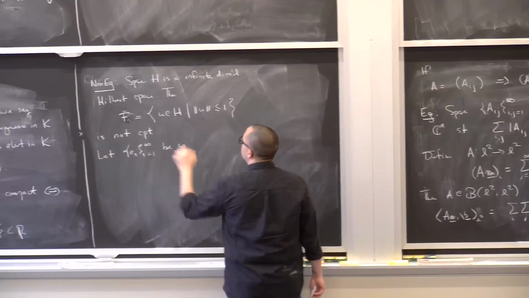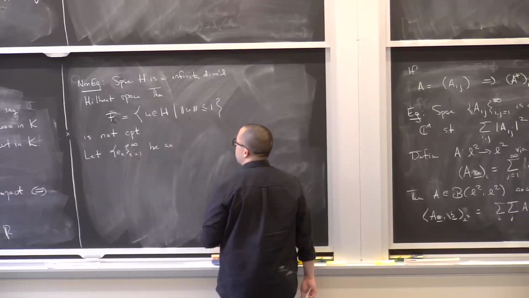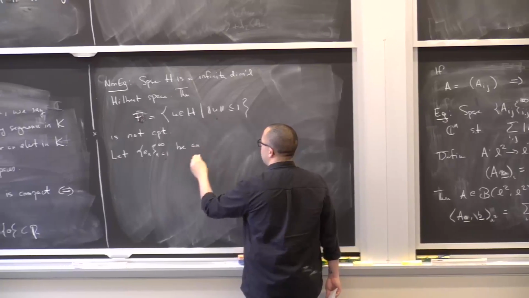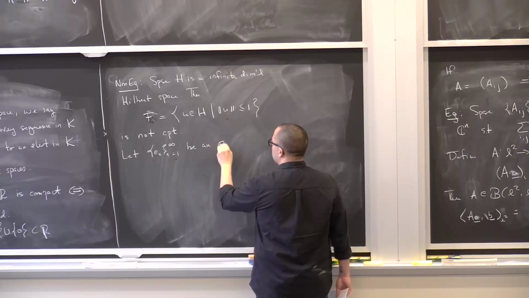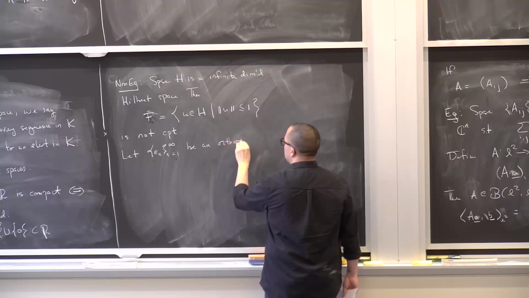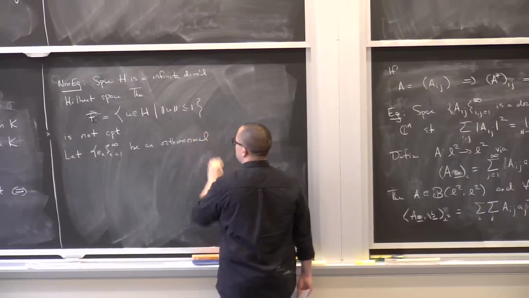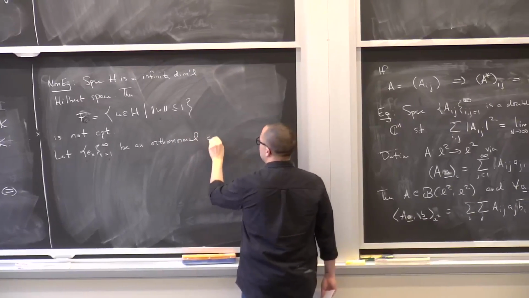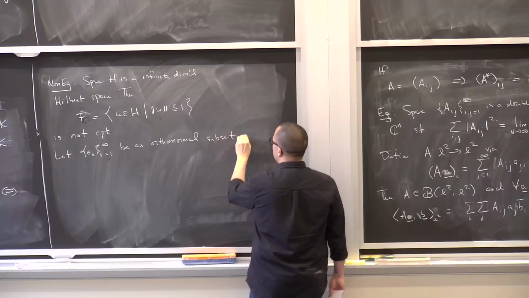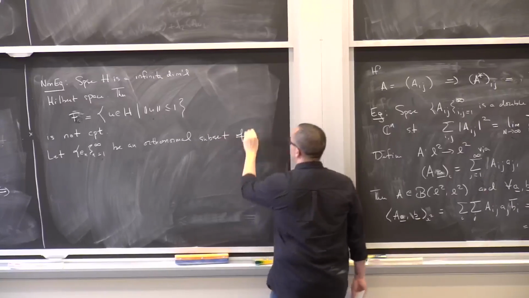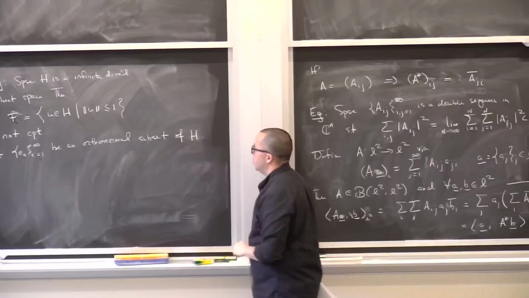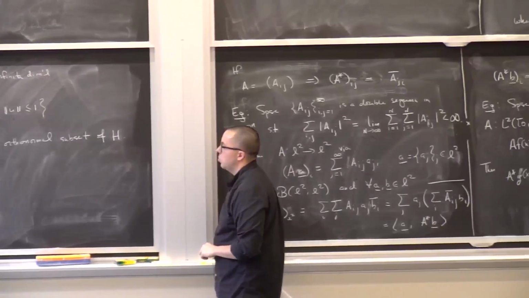Just from the fact that H is an infinite dimensional Hilbert space, we can find a countably infinite subset of orthonormal vectors.